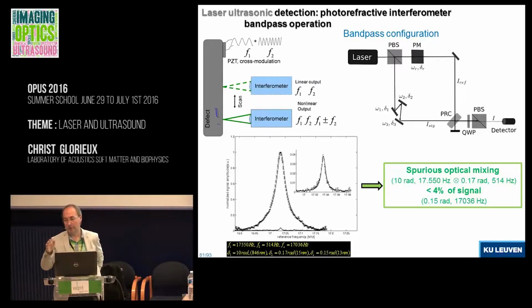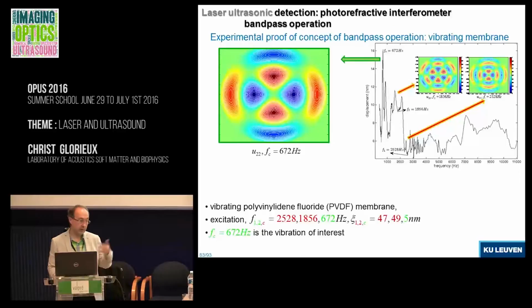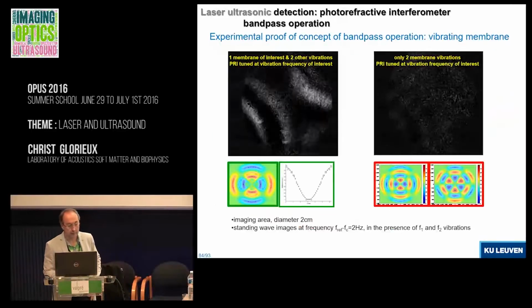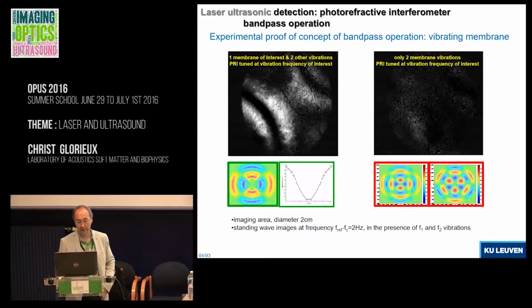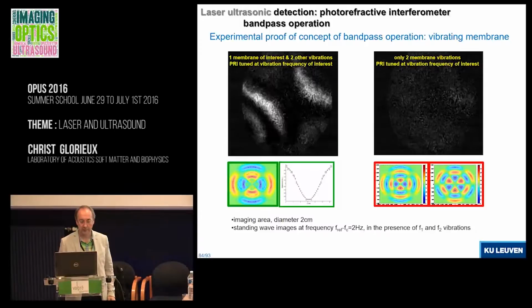For example, if you want to detect waves at 1 megahertz and you don't want to be disturbed by the rest, you modulate the Pockels cell at 1 megahertz. If you want to see 100 megahertz, you modulate the Pockels cell at 100 megahertz. So you can use it as a tunable filter. And if you use a camera and a kind of stroboscopic scheme, you can make movies of rough vibrating samples and only select one frequency of vibration.